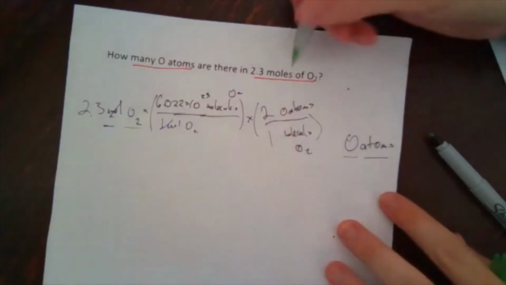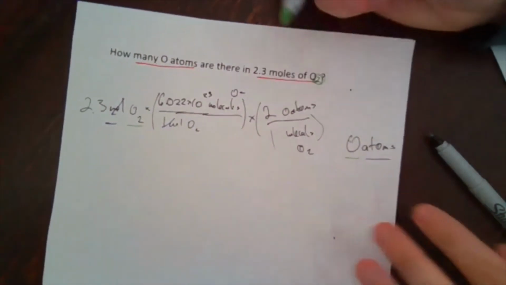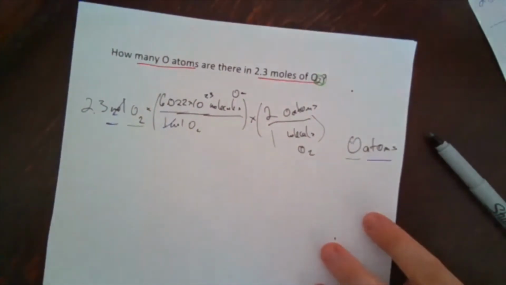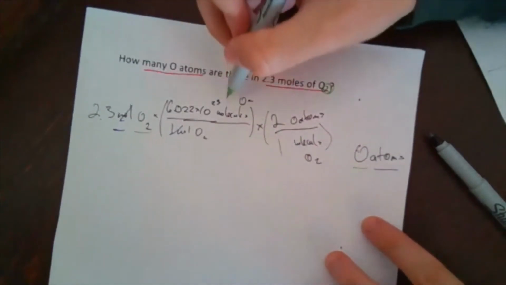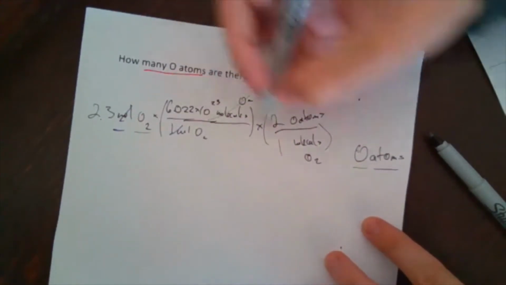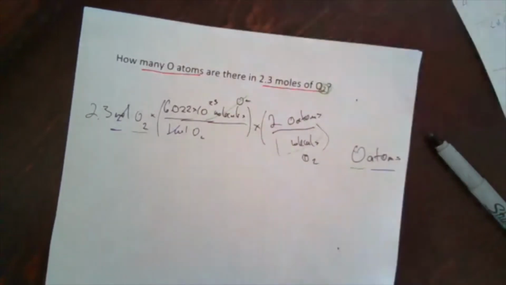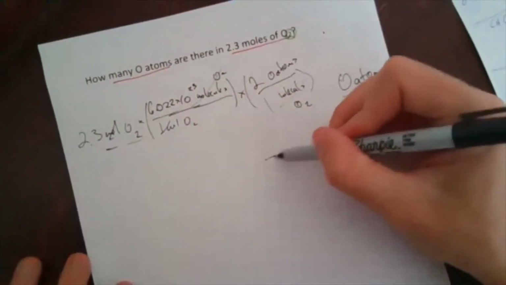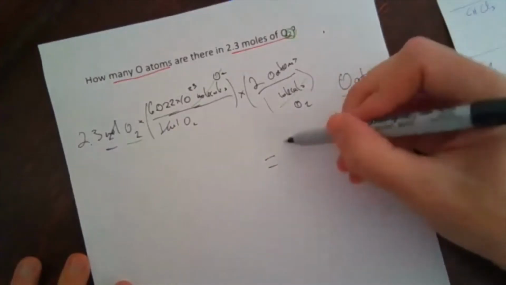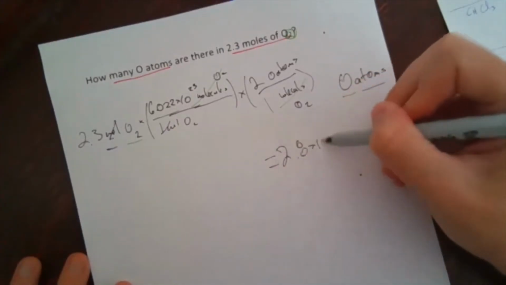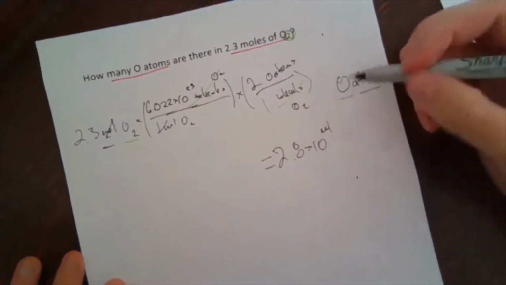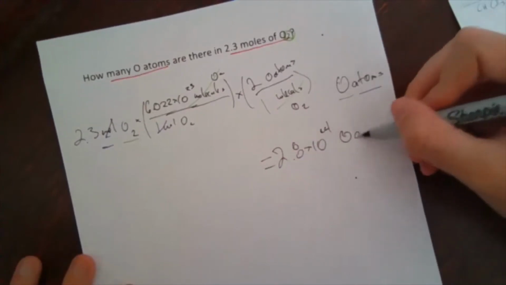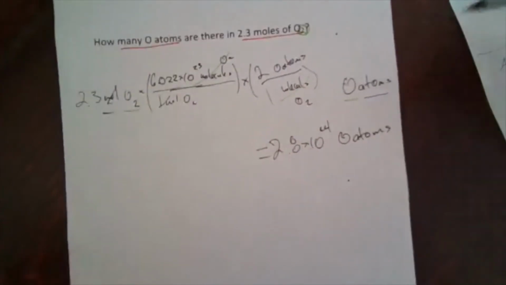That 2 comes from right there, the fact that it's a 2 in the molecular formula. I cancel out molecules of O2, giving me O atoms. I'm going to rewrite this for some extra space, all down here. I end up with 2.8 times 10 to the 24th O atoms.